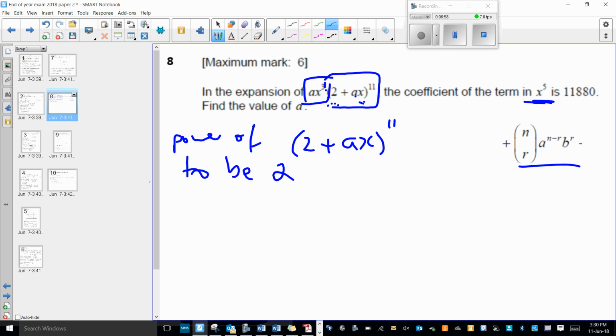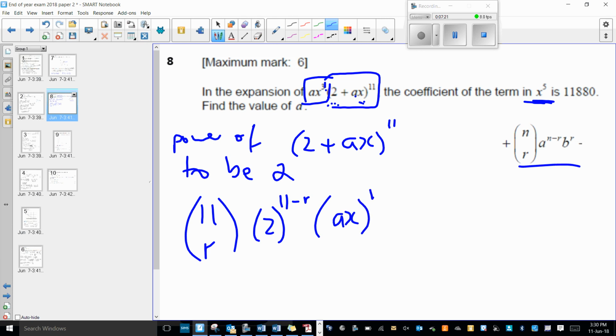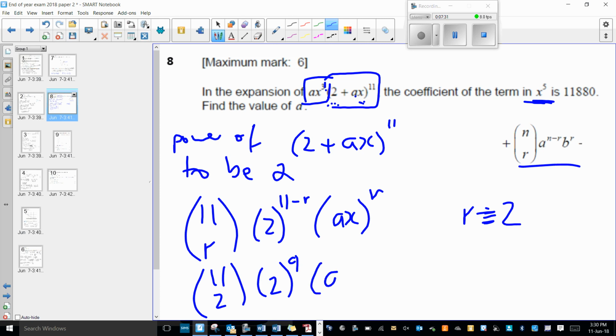So we're using this here, we've got 11 choose r, 2 to the power of 11 minus r, ax to the power of r. So we need our value of r to be 2. So we've got 11 choose 2, 2 to the power 9, ax to the power 2.